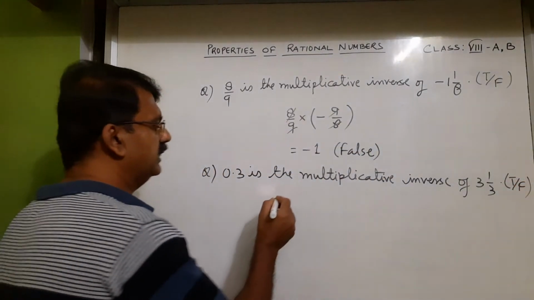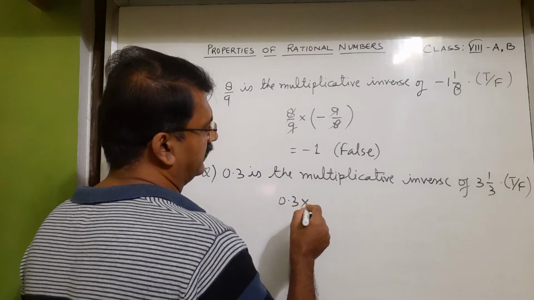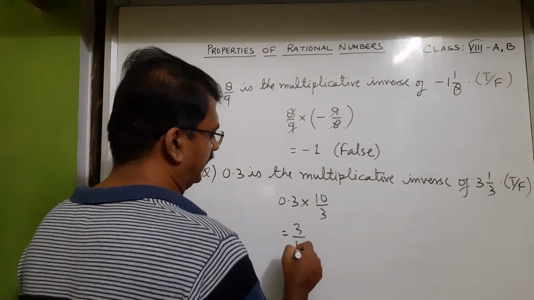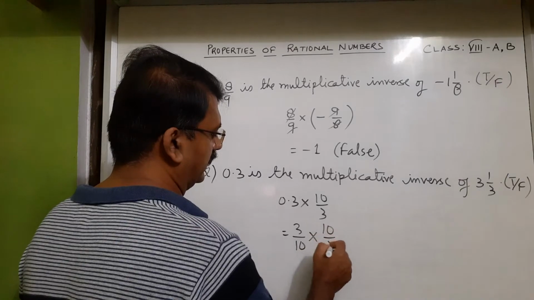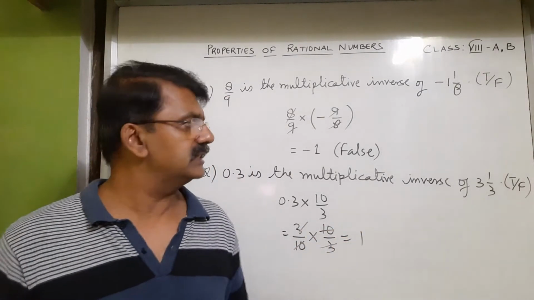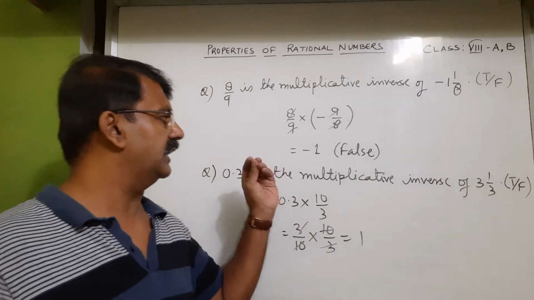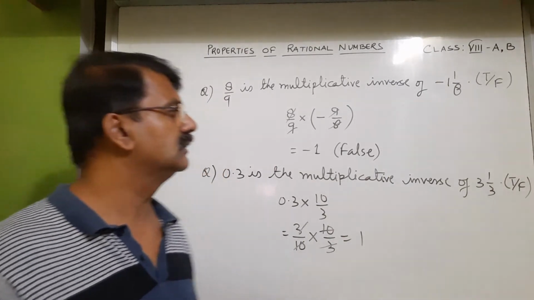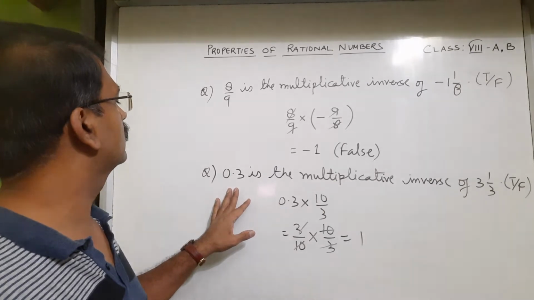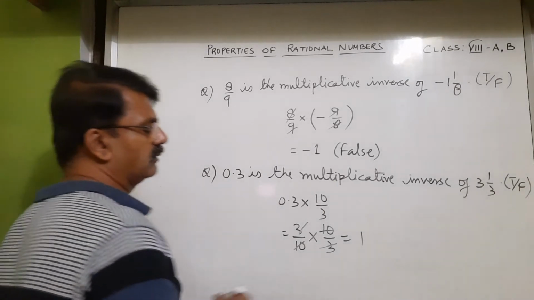So 0.3 means 3 upon 10, multiplied by 3 whole 1 by 3 means 10 by 3. That is 3 upon 10 into 10 upon 3. So you can see the answer is 1. That means the statement is true, because 0.3 is the multiplicative inverse of 3 whole 1 by 3, so it is true.